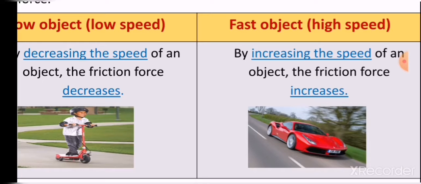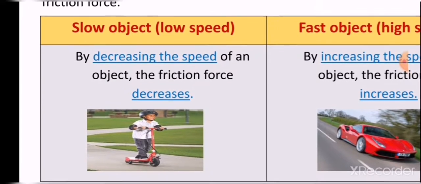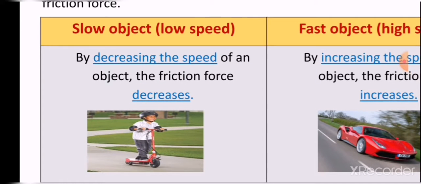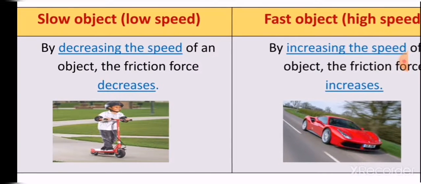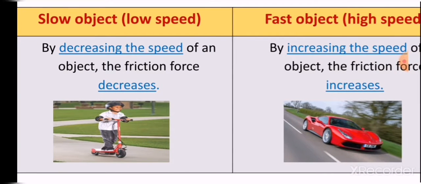If you move in a high speed, the friction force between the tires of the car and the road increases. So in the slow object or low speed, by decreasing the speed, the friction force decreases. And by increasing the speed, the friction force increases.